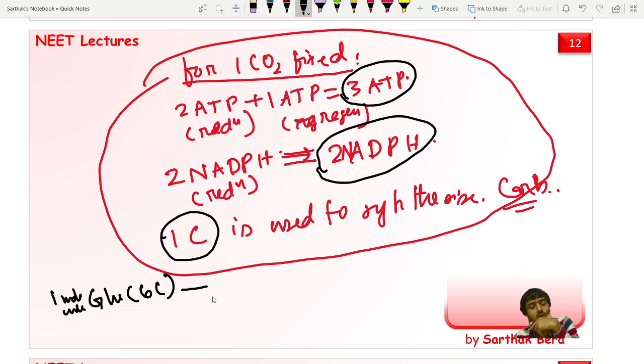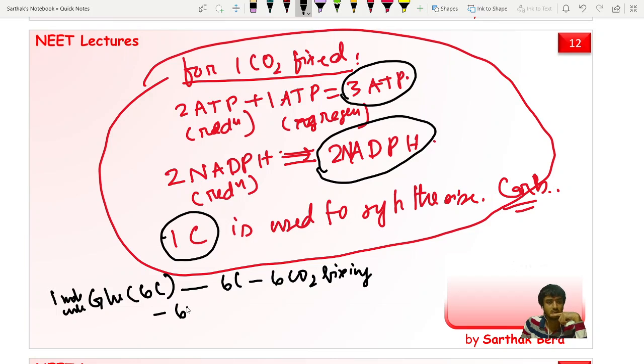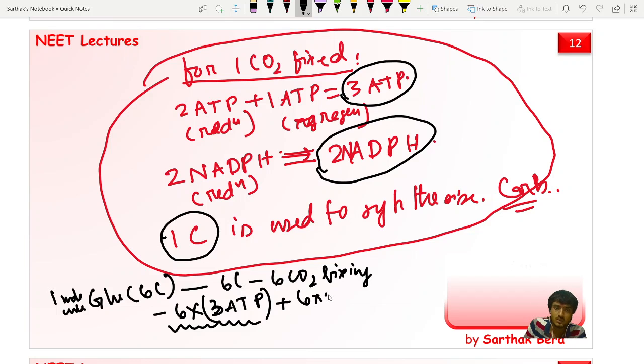For synthesizing one molecule of glucose, which is a 6 carbon compound, the plant needs to use 6 carbons. 6 carbons means the plant has to fix 6 CO2, and 6 CO2 fixing simply means 6 into 3 ATP, because in 1 CO2 fixing 3 ATP is used, and 6 into 2 NADPH is used.